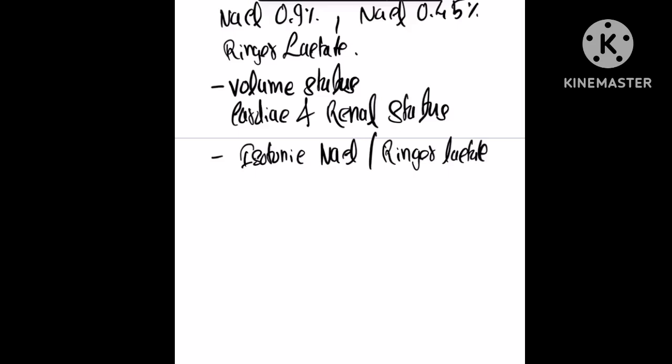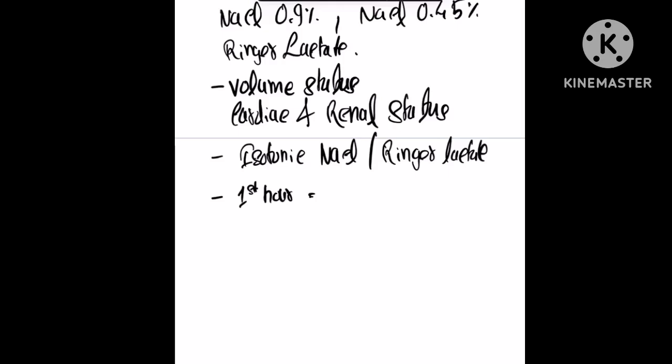Then how do we usually give this? In the first hour, if the person has normal volume status, which these days we can measure with the IVC, the change in size of the IVC on inspiration and expiration, then after measuring the volume status we can start the full fluid resuscitation.